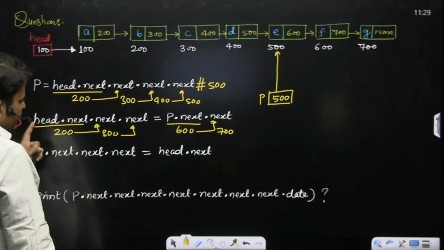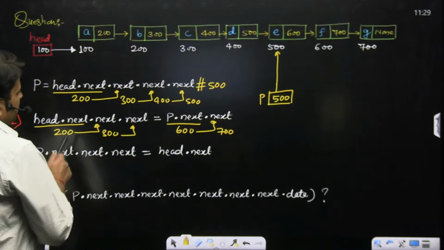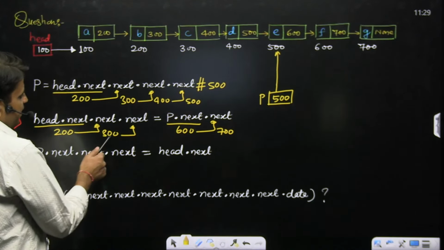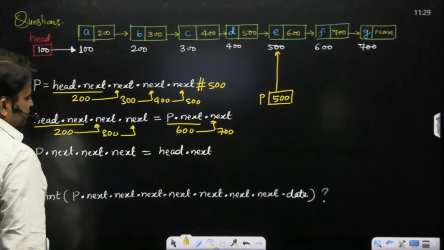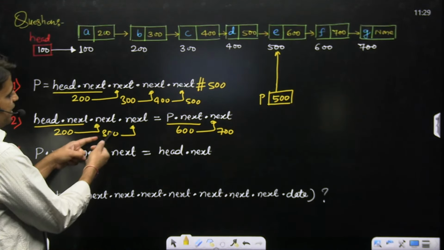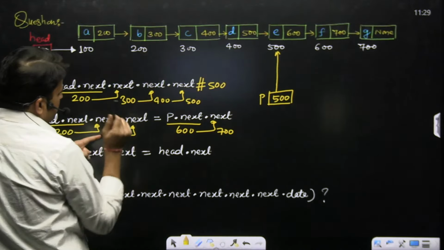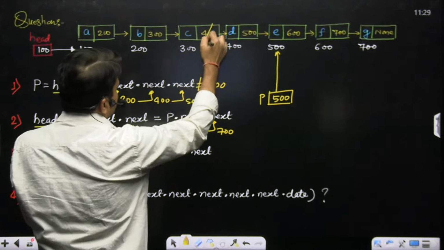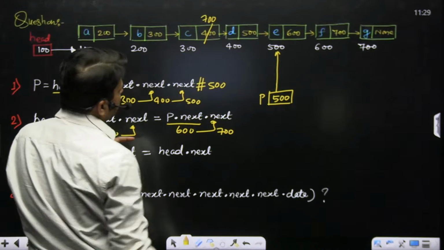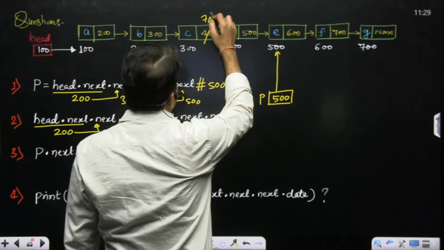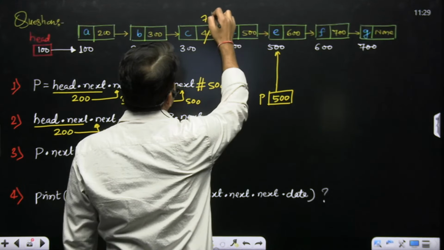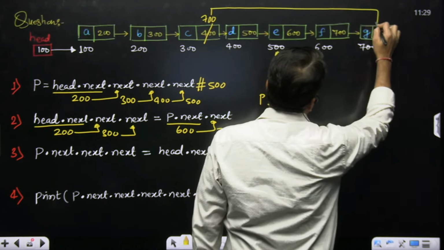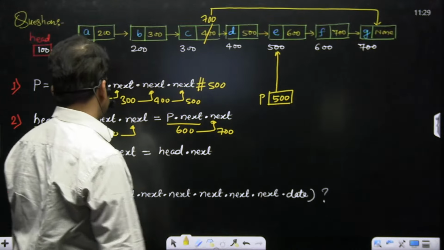Many of the students are confused in this line. This line is saying: I want to update the next part of the 300 node via 700. So the next part of 300 is now pointing to the 700 node, right?